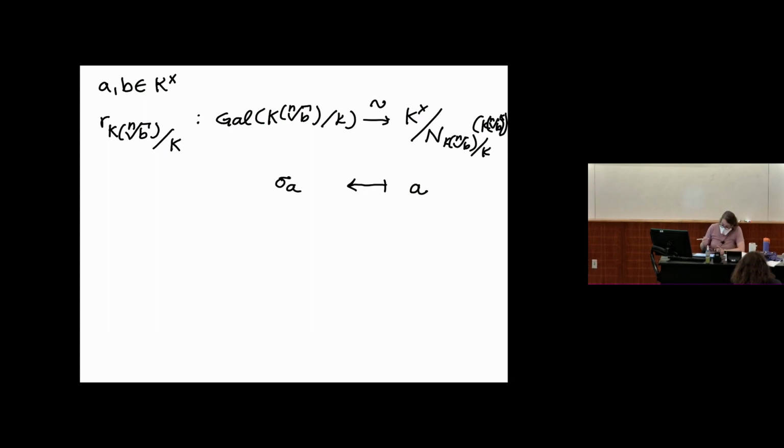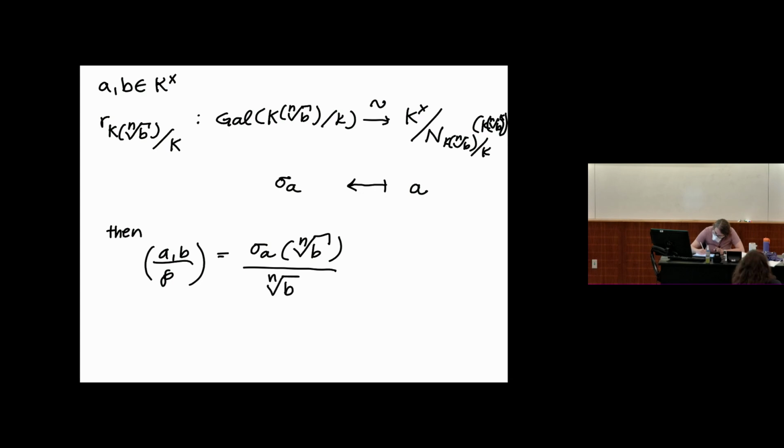And then the Hilbert symbol of A, B on P is whatever root of unity A does to the nth root of B.